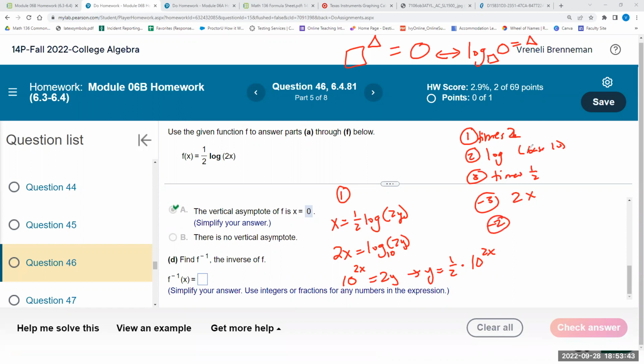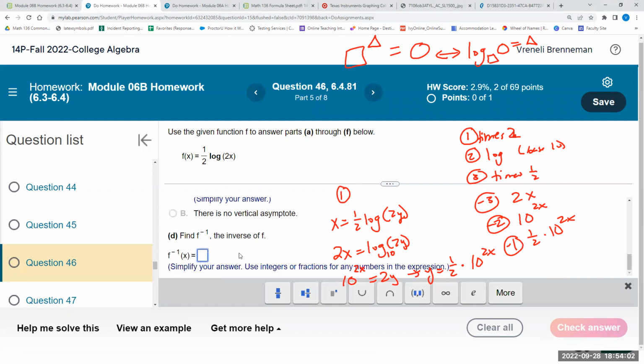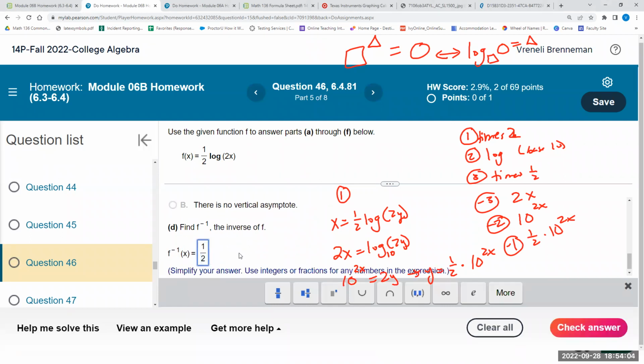And then the next step, undoing the base 10 log, is base 10 exponent. And then undoing the times 2 is times 1/2 or divided by 2. So either way, getting the same result. You can pick whichever one you like best. This is times 10 to the 2x.